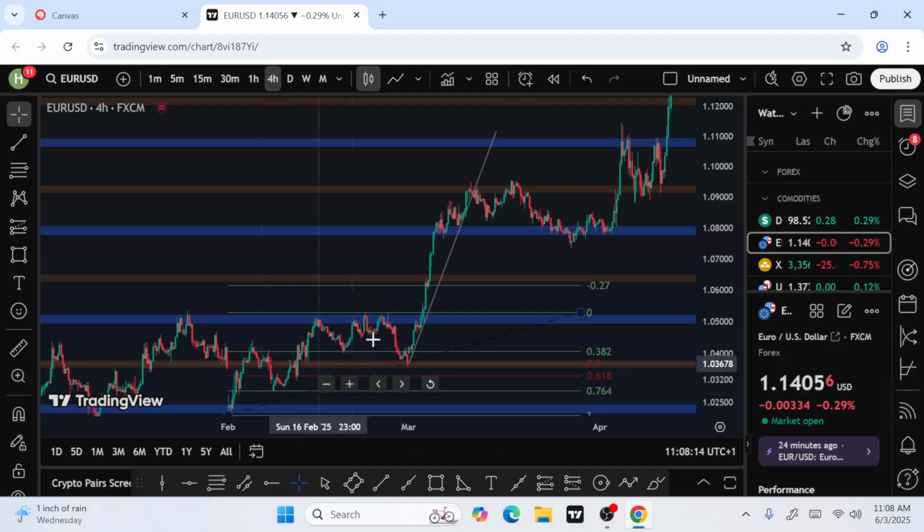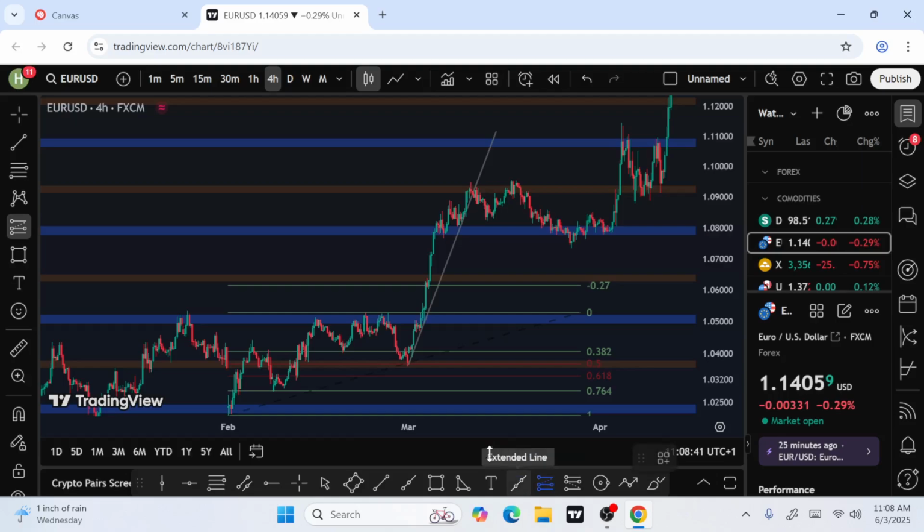Of course now, if you should enter with one lot size here, or probably if you use 100 lot size, one lot size from here to this point should be giving you up to like, okay.